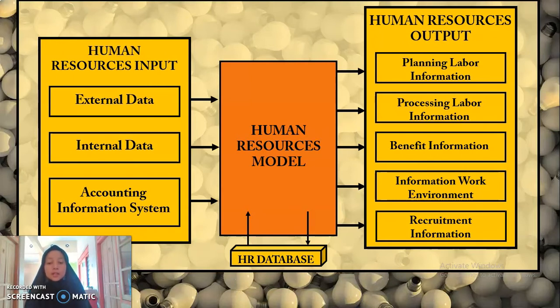In internal data, for example, there are surveys related to employee expectations, employee complaints, employee satisfaction with the company, knowledge, employee skills, and job analysis. While external data is data obtained from outside the company, for example, government regulations related to the UMR amount, the amount of holiday allowance, contracts from trade unions, and data from university graduates.